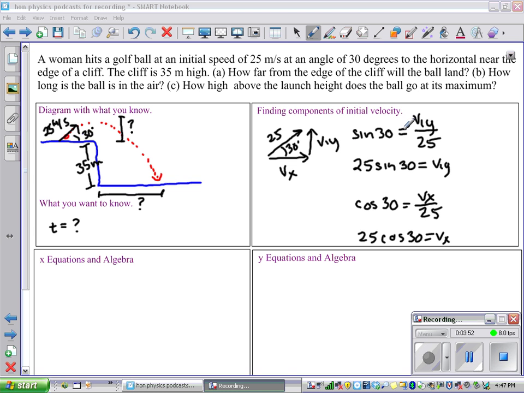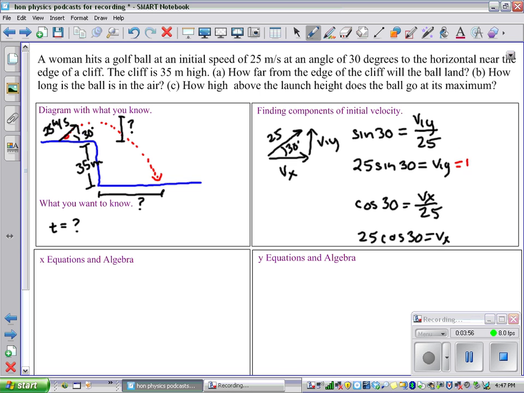Putting those in the calculator, we get 12.5 and 21.6 meters per second. There. Now the next thing we have to do is remember we have to treat our x variables and our y variables separately because they're independent of each other.